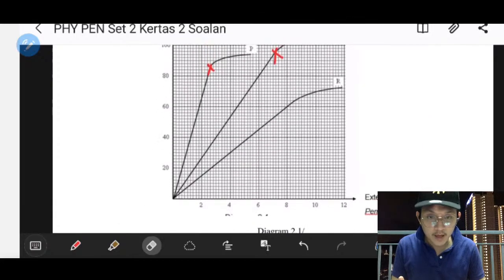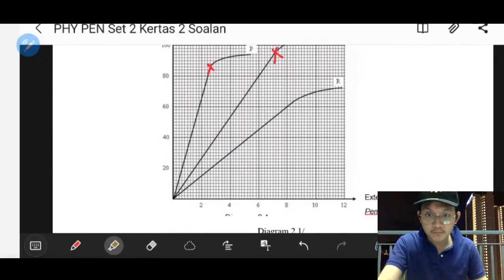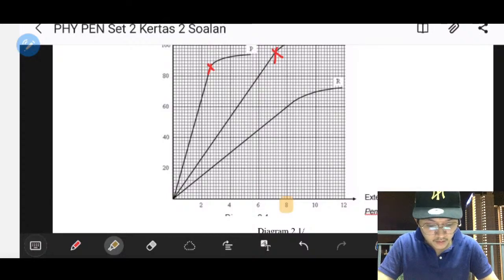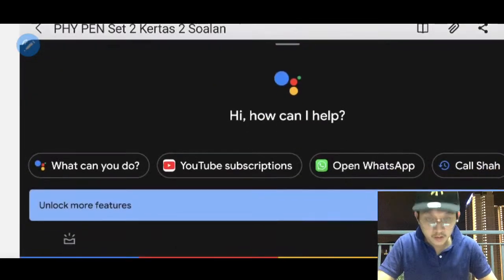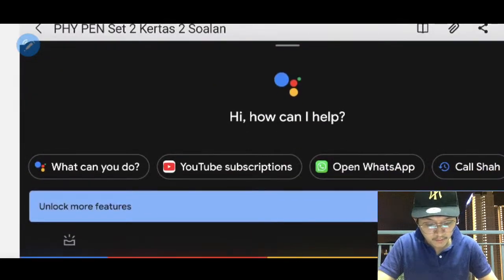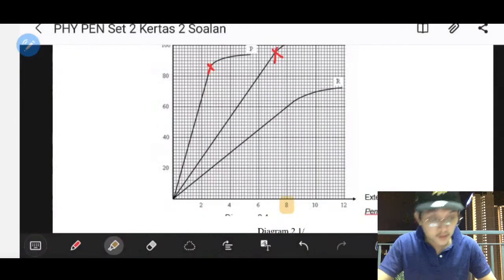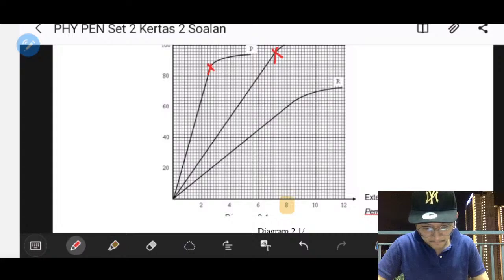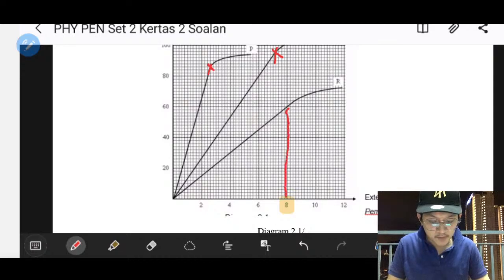And then the next one is go all the way up. Okay, go all the way to the side. Right, I have 60 Newton, then I have 8 centimeter. Okay, let's go down. Hitungkan tenaga sama dengan half.